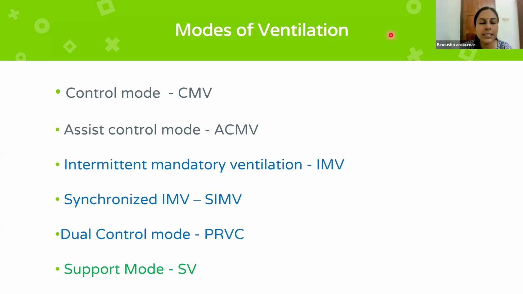Then there is another ventilator mode like SIMV, that is synchronized intermittent mandatory ventilation, where only IMV or intermittent mandatory ventilation is also not there in the modern ventilators. Only synchronized intermittent mandatory ventilation is there. Then dual control modes are there like PRVC. Then support modes are there like pressure support ventilation. So these are the usual modes.